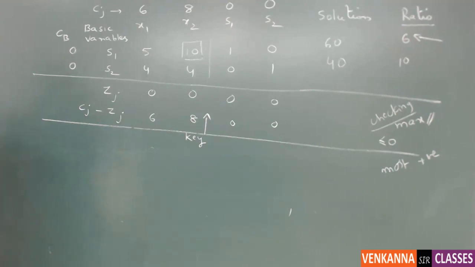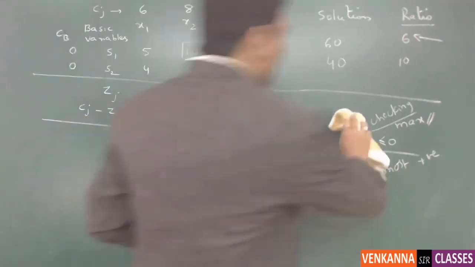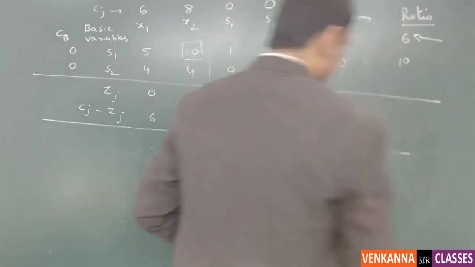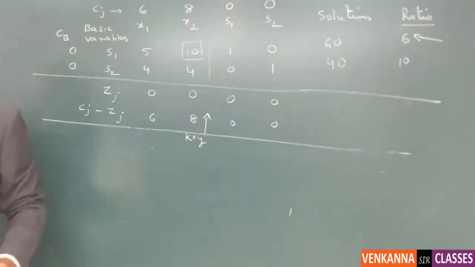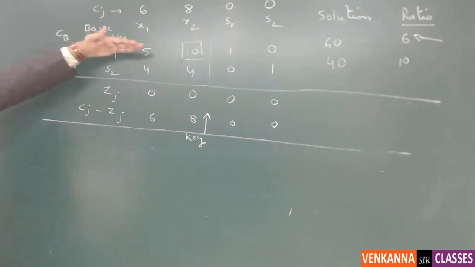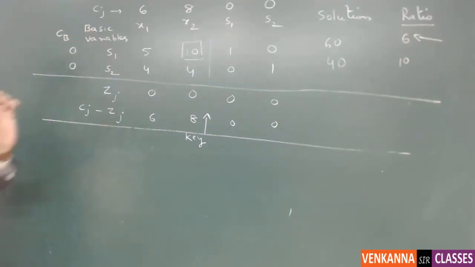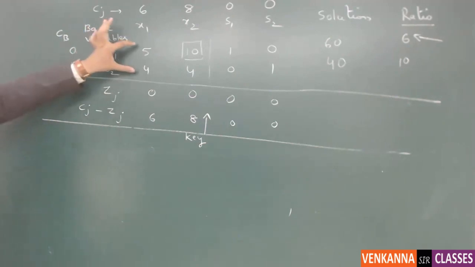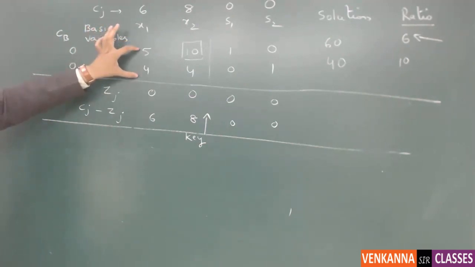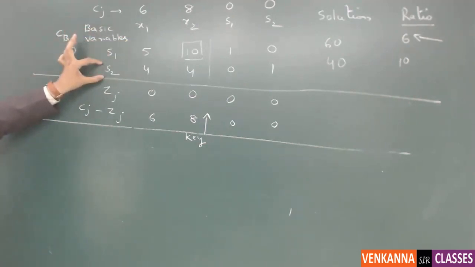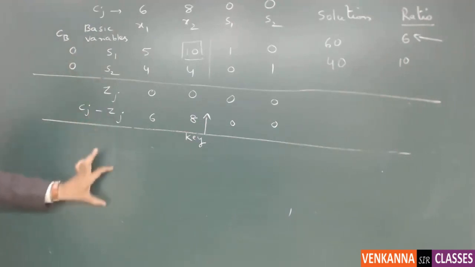Right. Now I am going to perform the row operation. So I am going to construct the subsequent simplex table down here. Again, please understand one thing: this is the row pattern you initially had, S1 and S2. The same thing will come here.